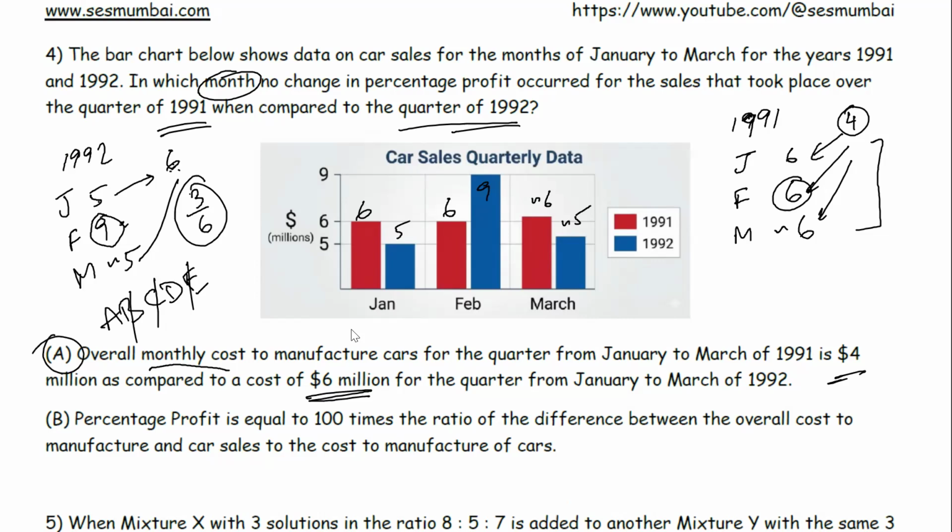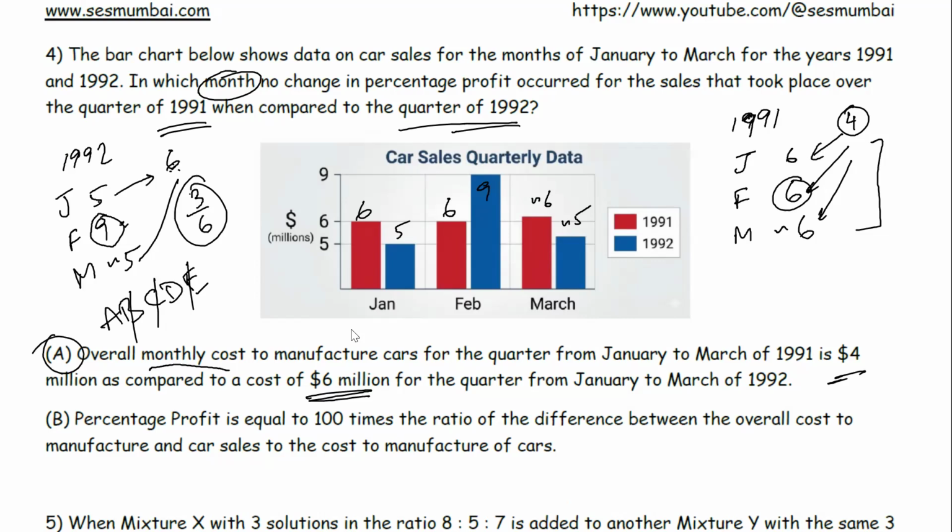B tells us that percentage profit is equal to 100 times the ratio of the difference between the car sales and the overall cost to manufacture, to the cost to manufacture of cars.